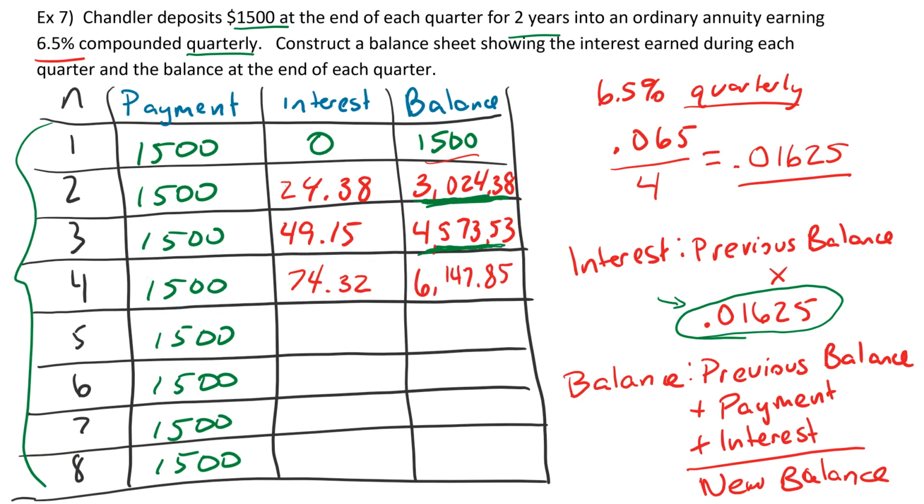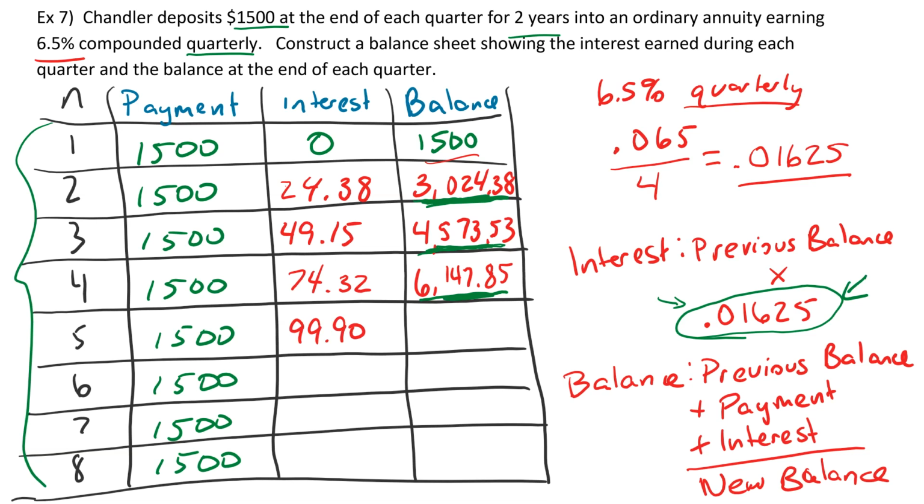Next one. We take the previous balance, $6,147.85, and multiply it by that decimal again. And this time that'll give us $99.90.